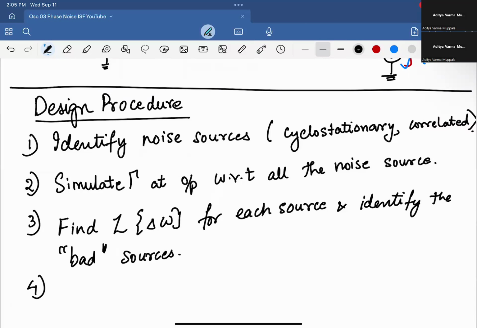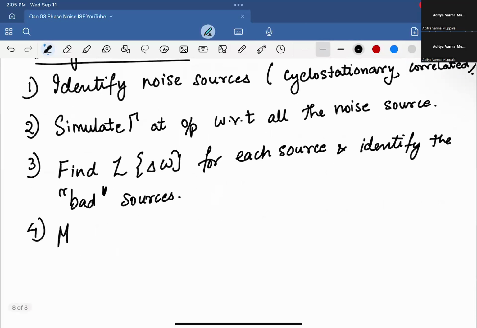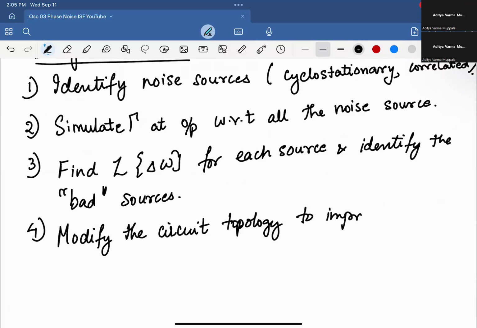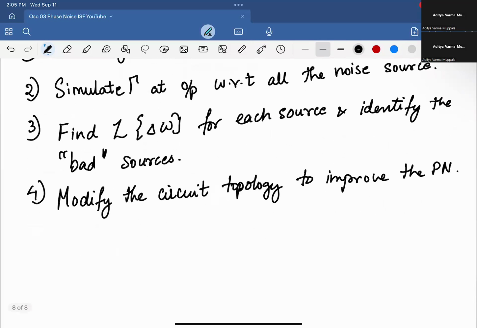And the fourth step is to modify the circuit topology to improve these sources, improve the phase noise. So to improve the overall phase noise, we look at how we can modify the circuit topology to reduce, for example, the impact of these bad sources. We'll look at some examples. There are published works in this area. So that's pretty much it.